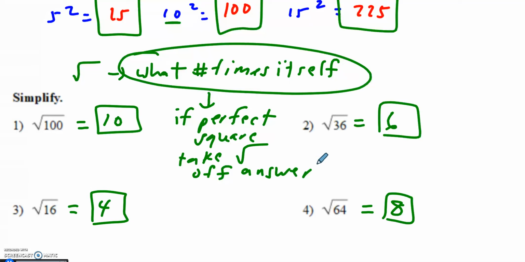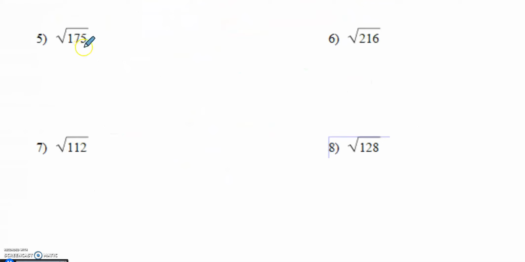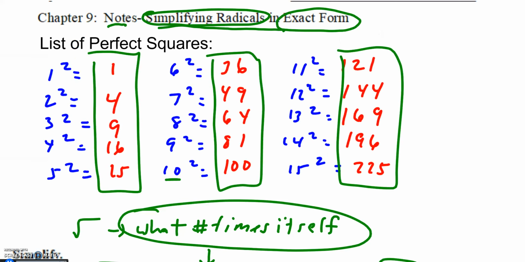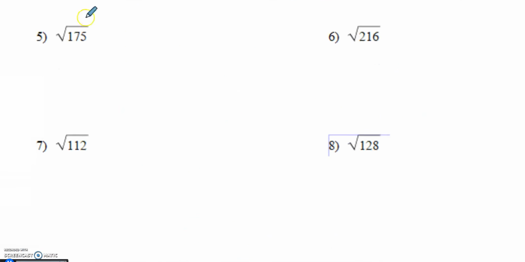So all of this is going to lead to something like number 5. If I have the square root of 175, if I look back at my list, I go directly from 169 as a perfect square to 196. So 175 is somewhere in the middle of them, so it is not a perfect square. So what do we do if we don't want to have this as a decimal, and we would like this in something called exact form?